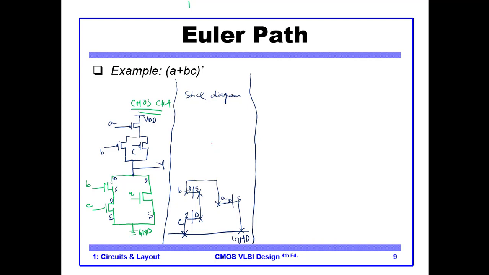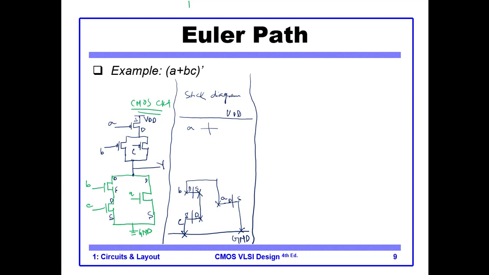So this is the pull down network, and then we go to the VDD line, and you see this is the source of A and this is the drain of A. So I put another plus. This is the polysilicon, this is our A transistor.